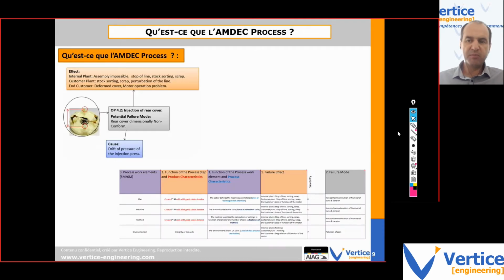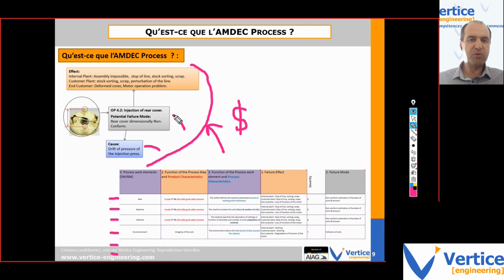And I think it's important to understand that sometimes in your company, when you look at a Process FMEA, you see that the Process FMEA is actually made of many lines, right? So it's a little bit scary to look at these kind of files with many lines. I think it's important to remember the value that we have here, because every line corresponds to one cause, one failure mode, and one effect.